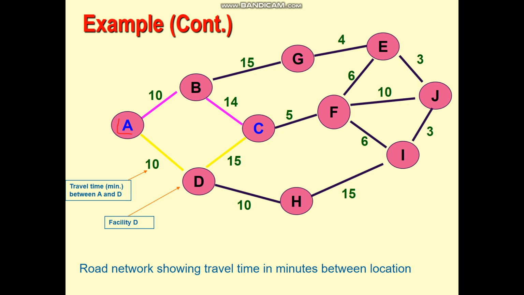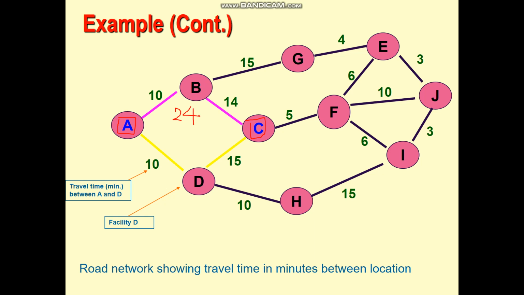For example, from A to C, we obviously have two ways to go to C: from A to B, then B to C, and from A to D and D to C. So we have the pink way and the yellow way. If we follow the pink line, the total time to travel from A to C is 10 plus 14, equal to 24.